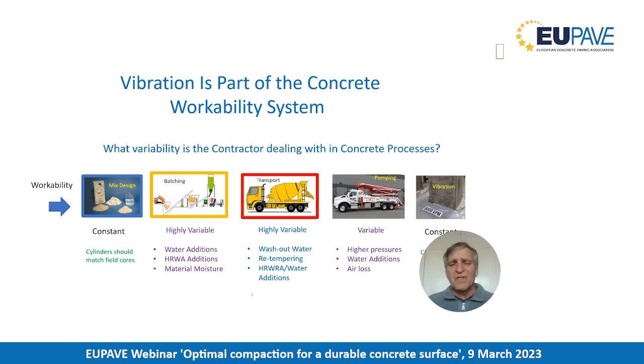Then we look at what happens with batching, what happens with water additions, how much high-range water reducing agent is used, what the material moisture is, and whether we are controlling it. Are we getting it from a concrete truck or a dump truck, and are we having slump loss?